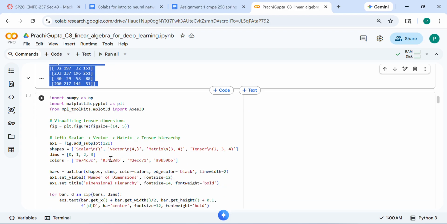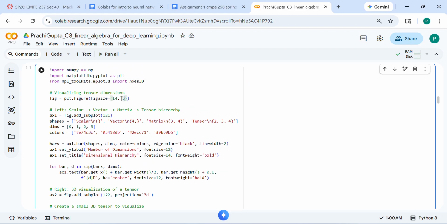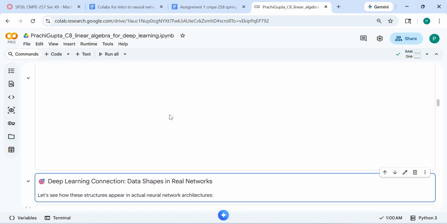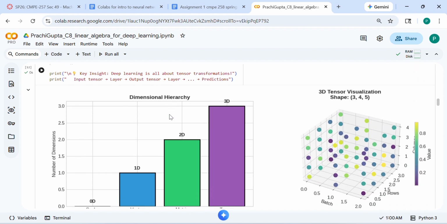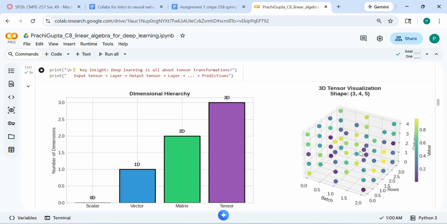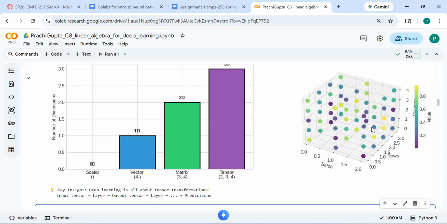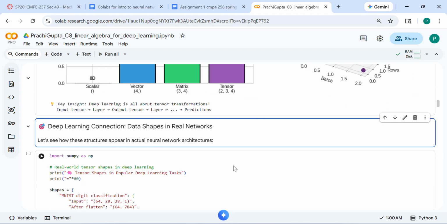Again, this is one more random one. So now we will plot it. So yeah, this is a 3D tensor visualization, how it looks in 3D. Deep learning is all about tensor transformations. We give input tensors, pass them through layers, get an output tensor, and the layers produce the prediction. So this is the basic flow.